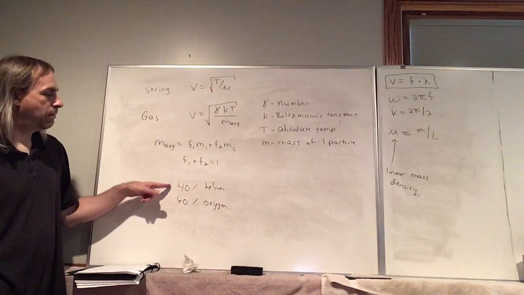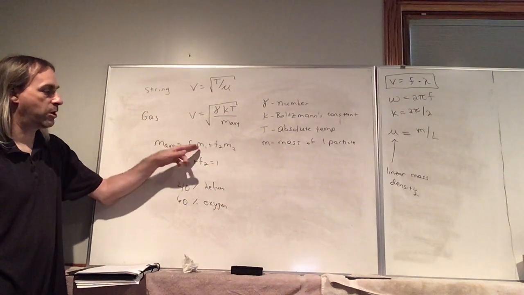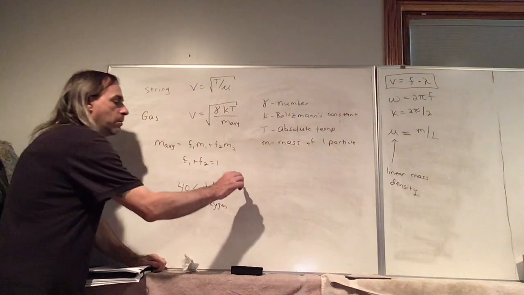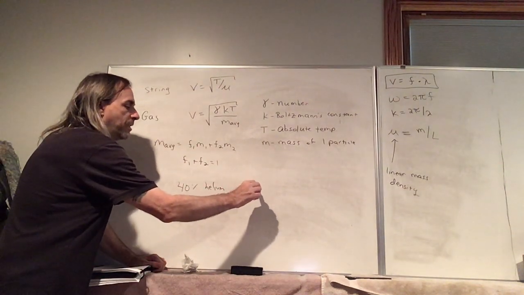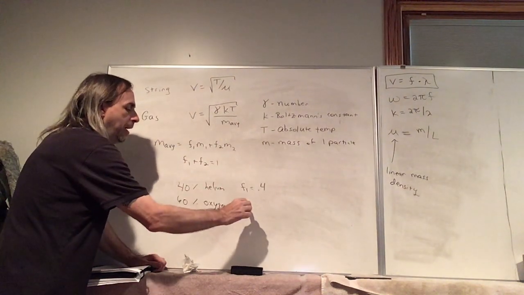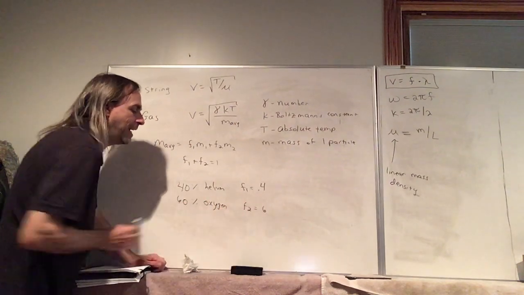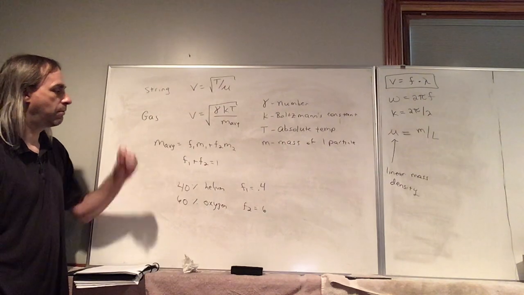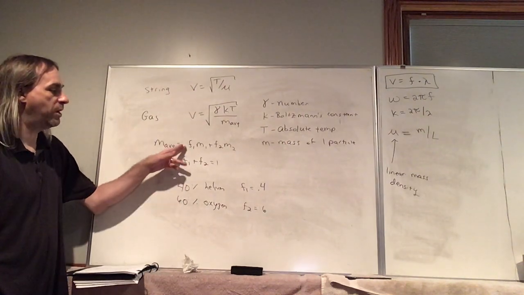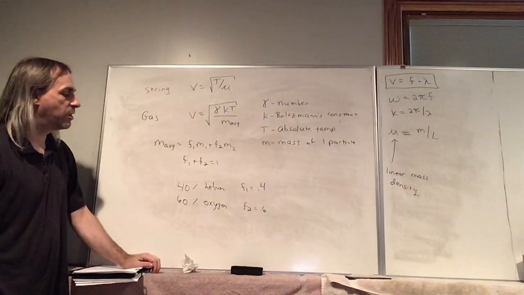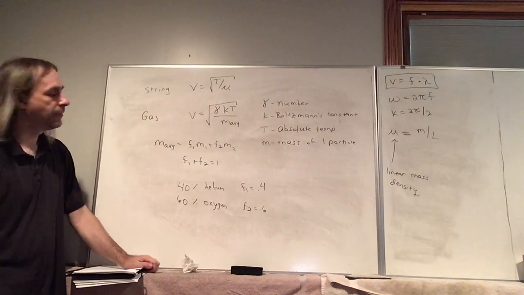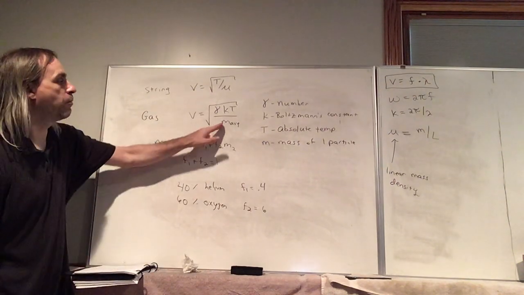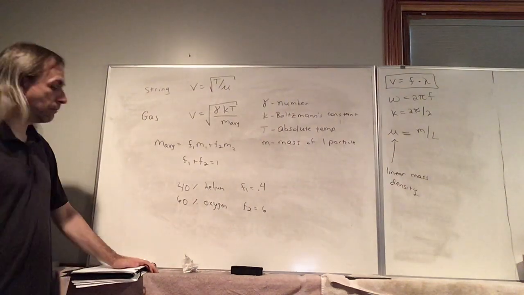Particle 1 is helium, so F1 would be 0.4, since 40% is 0.4, and F2 would be 0.6. You would just plug in 0.4 times m1 plus 0.6 times m2, and that would give you the average mass, and then you'd plug that in instead.